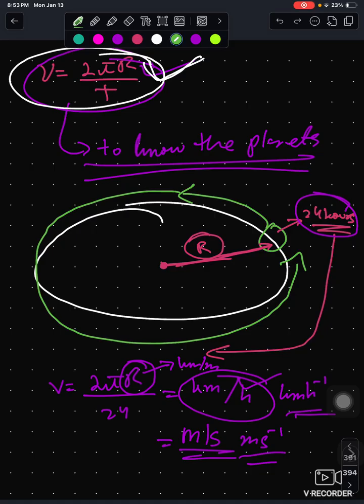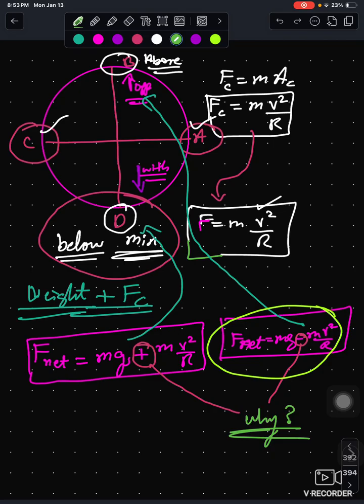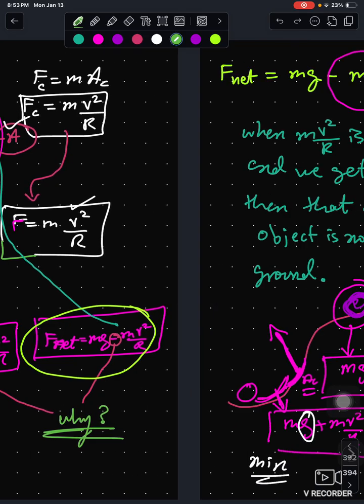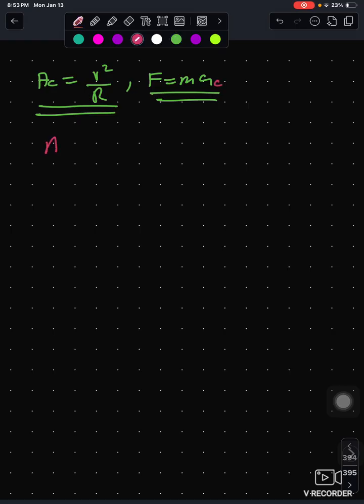Let's suppose we are given this equation over r, and F equals ma. These are the two equations we are provided. Let's suppose we combine these equations.